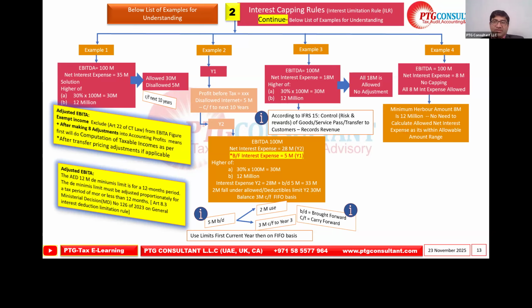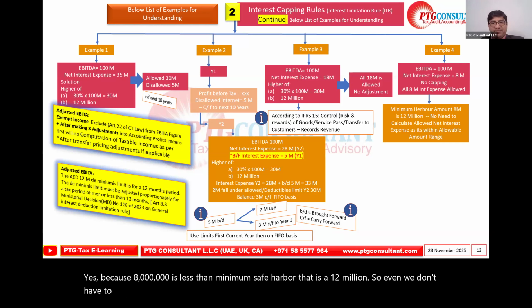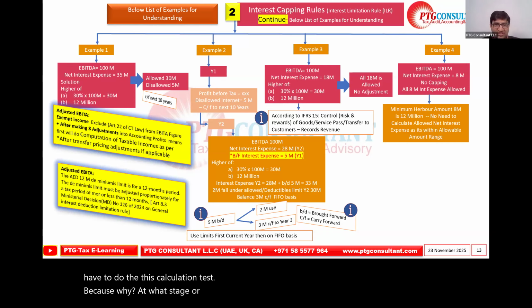Yes, because 8 million is less than the minimum safe harbor, that is 12 million. So we don't even have to do this calculation test. At what stage, or in which corporate tax return, do we have to do this test?